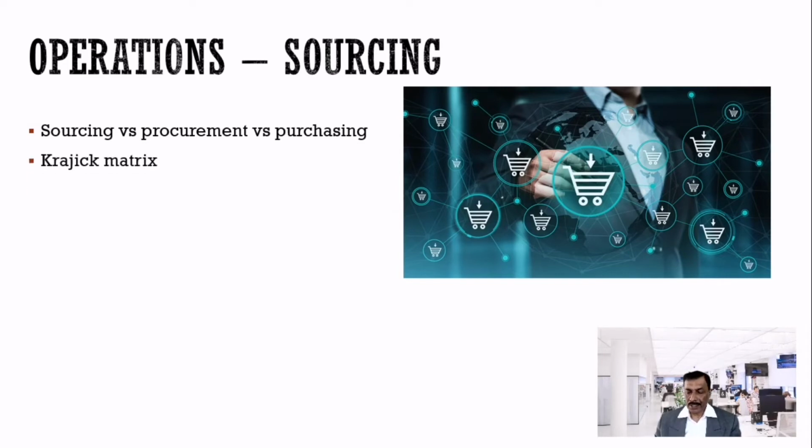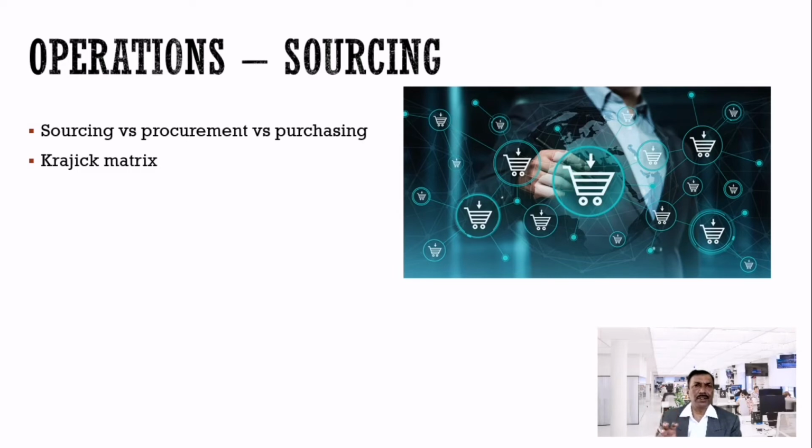In sourcing, you also need to understand something called the project matrix. You may have hundreds of vendors supplying thousands of materials, but not all materials and vendors are critical. Some materials make a high impact and their supply is also difficult; these are called critical materials.